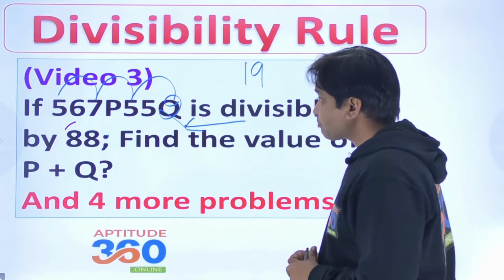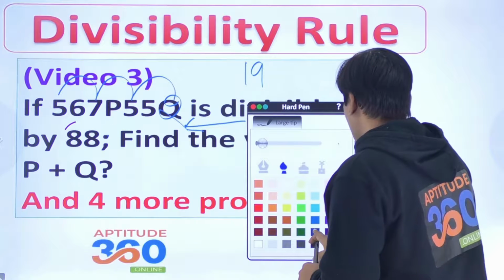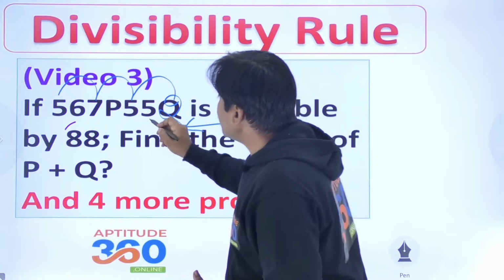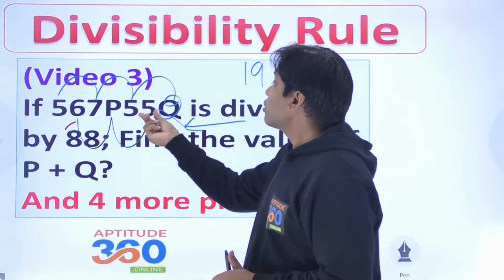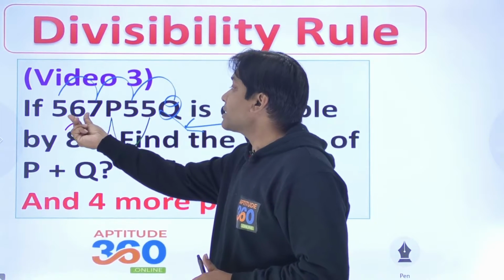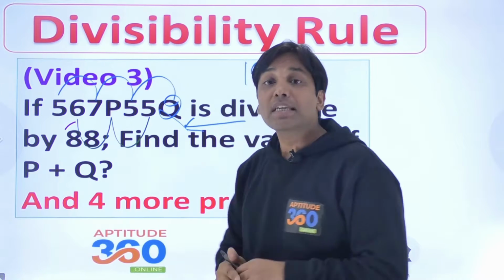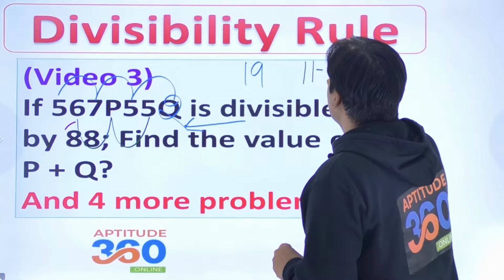Is that okay? Now what is going to be the sum of digits at even places? This is 6 plus p plus 5, that's going to be 11 plus p. Is that okay? So this one is coming out as 11 plus p.